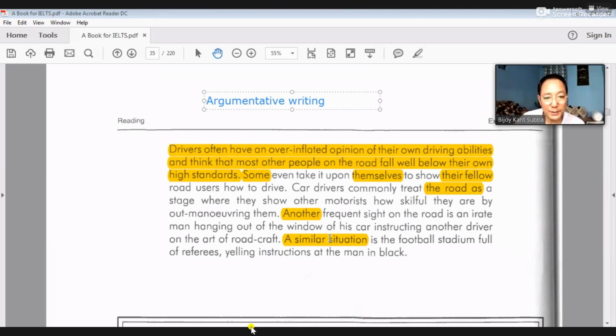And then observe, right? These are called linking words. We have gone through essay writing, and some of you have gone through task one, all right? So, when you link sentences, look at how the second sentence is linked to the first sentence with words like some, themselves. Look at how the third sentence, the fourth sentence is linked with another, and the last sentence is linked to a similar situation.